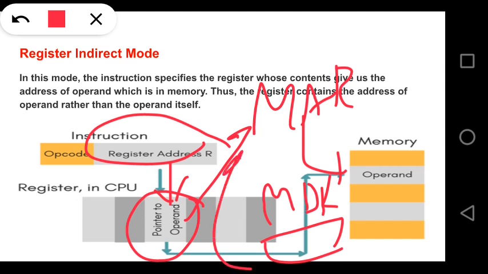So it requires some extra hardware in terms of cost, and also it takes some extra time compared to register mode or immediate mode. So it is complicated from a hardware point of view. The execution time or fetching time of an operand would be more, so the execution time of an instruction also increases. But the advantage is that the address space is not limited.